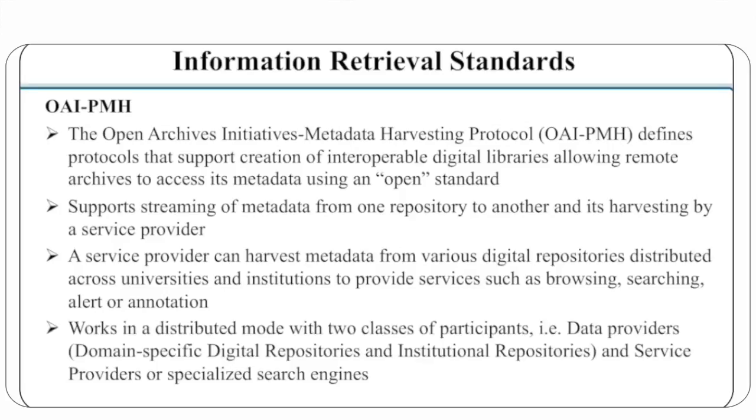In essence, the OAI-PMH works in a distributed mode with two classes of participants, that is, data providers, domain-specific digital repositories and institutional repositories, and service providers or specialized search engines.